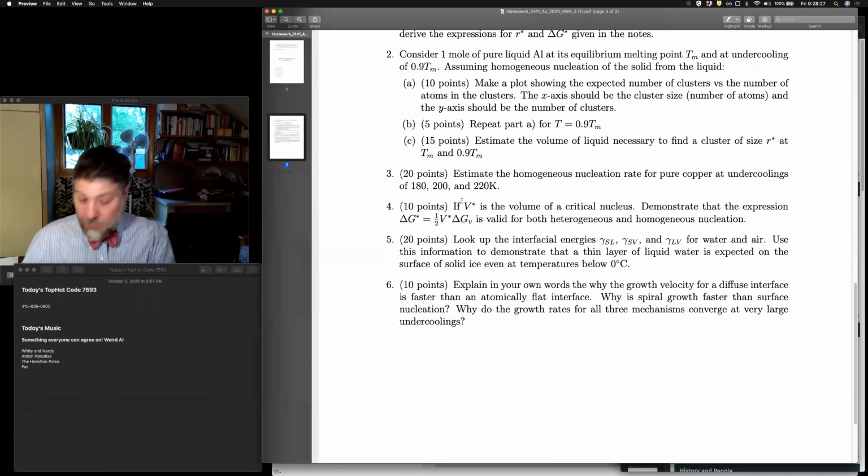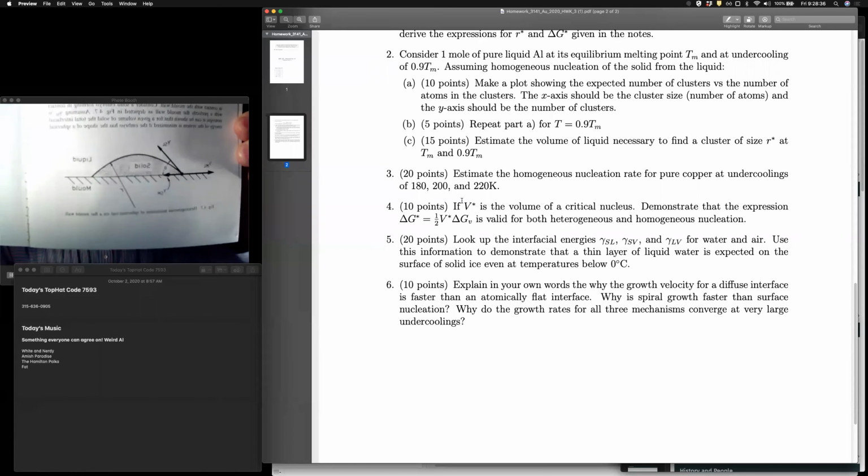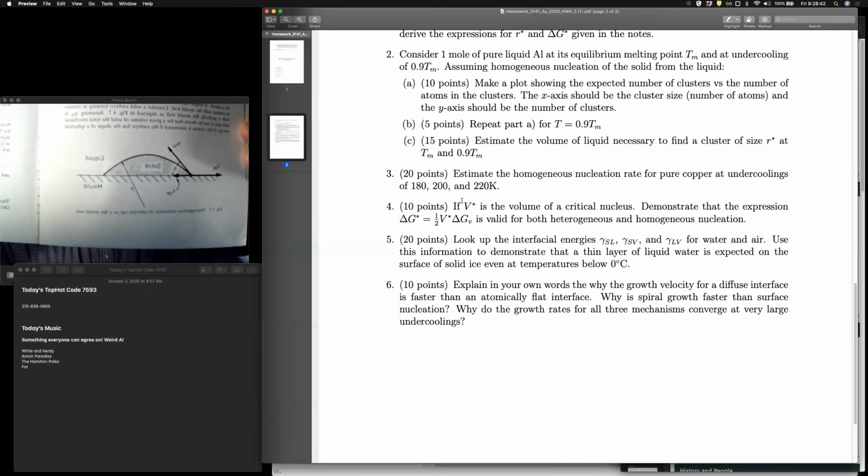I apologize for just holding up the picture, but it's easier. So here, going back in the notes, here's our image for heterogeneous nucleation.